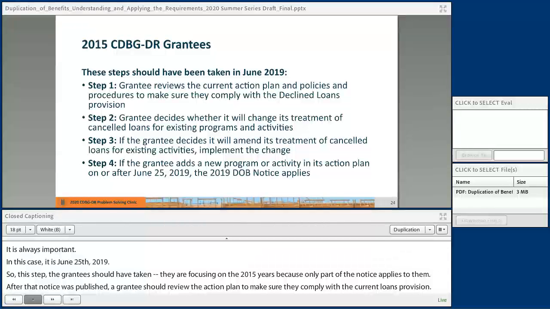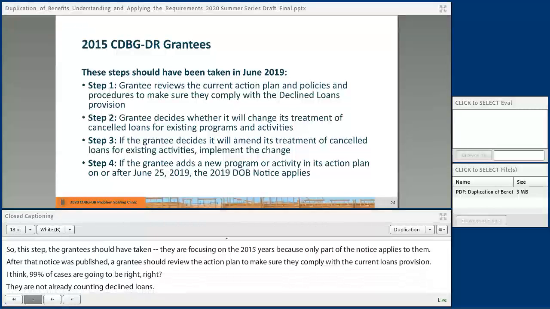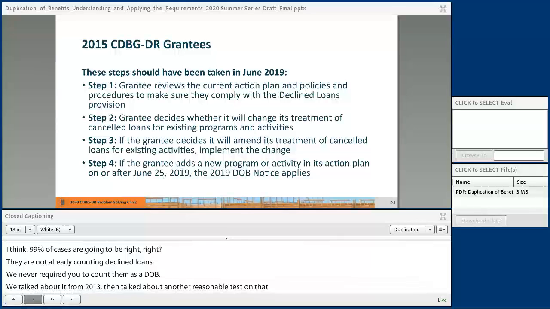We never required you to count them as a DOB. We had some guidance from 2013 that talked about a necessary and reasonable test on that, but declined loans were never DOB. So we should just make sure that you haven't been counting them, so that's just a check on your program.